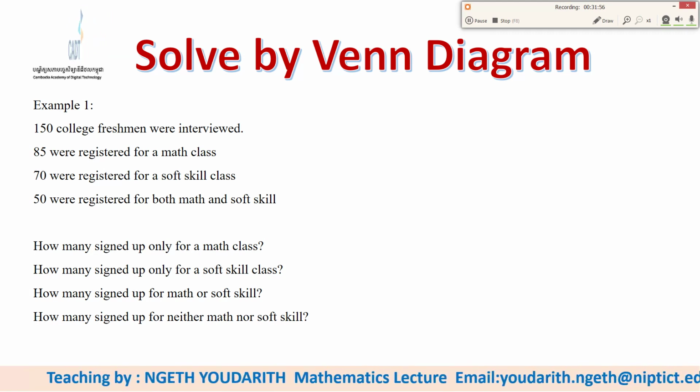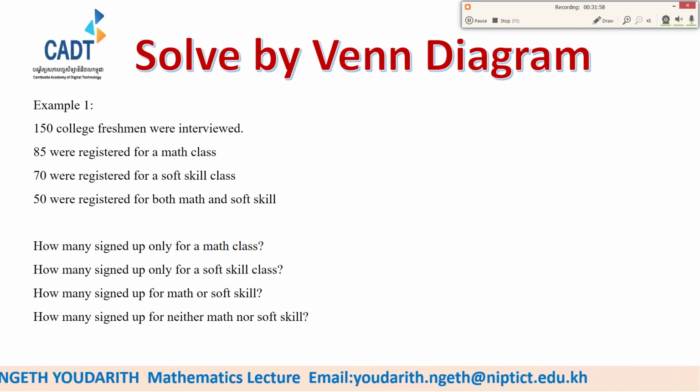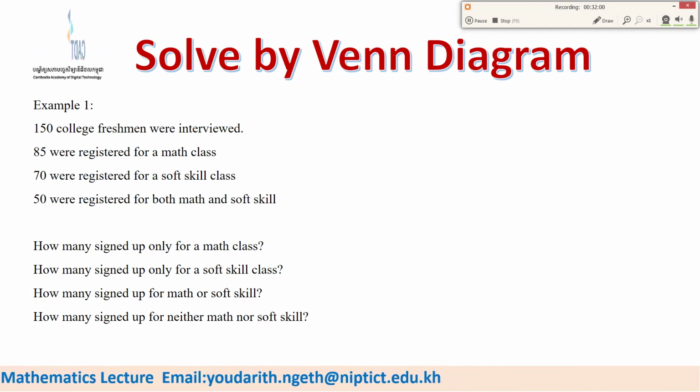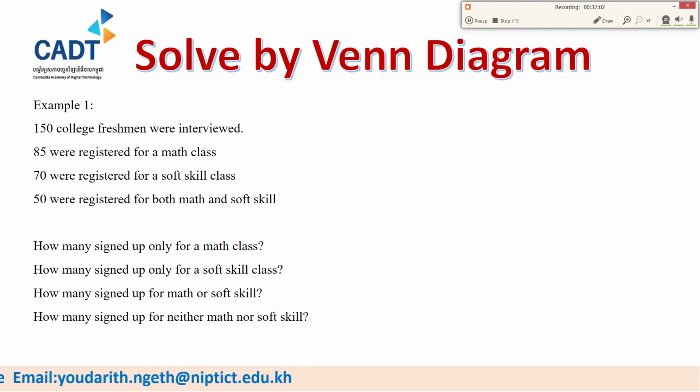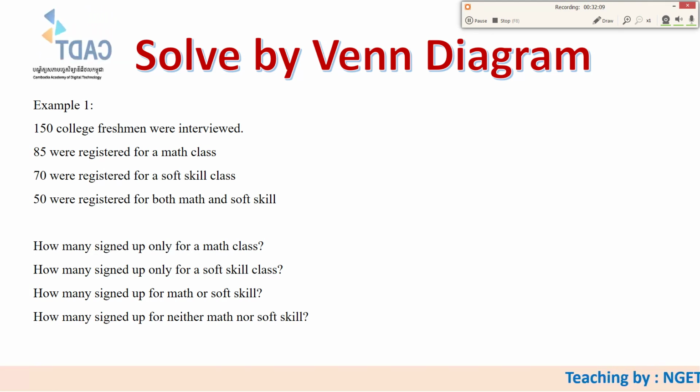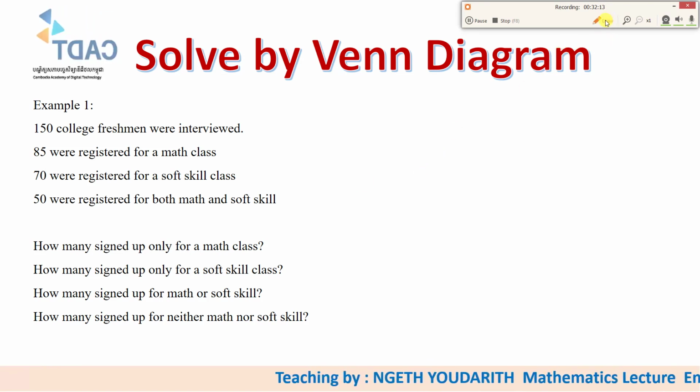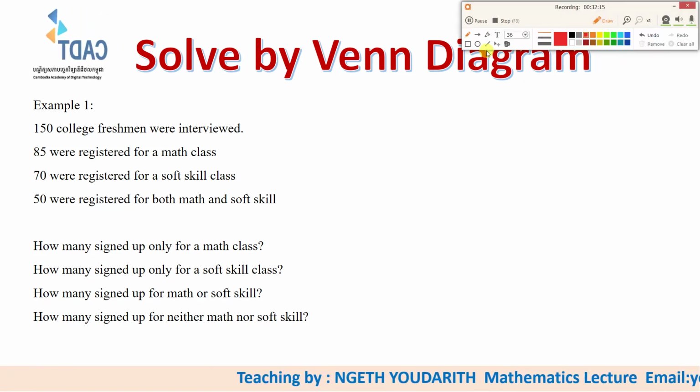How many sign up only for soft skill class? And how many sign up for math or soft skill? And how many sign up for neither math nor soft skill? So this is only Venn diagram solving. If you want to solve this problem, you should draw the Venn diagram.